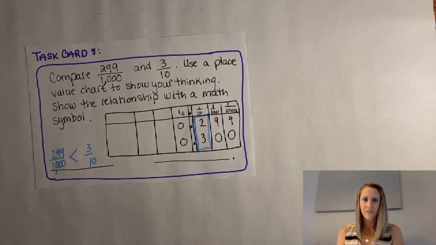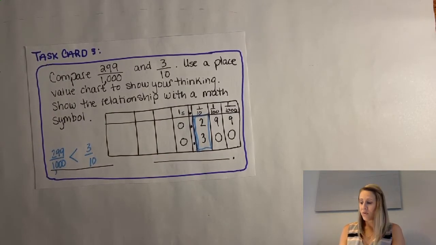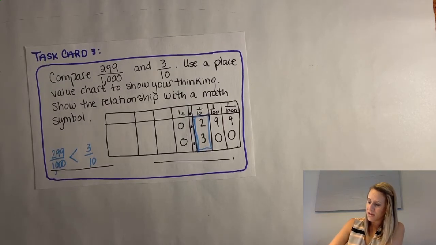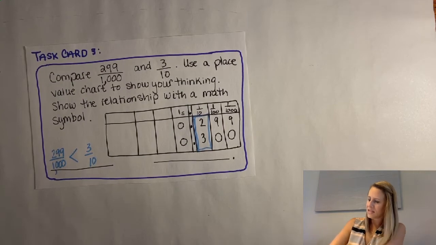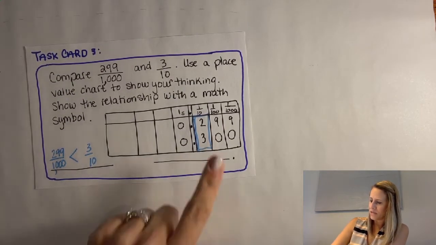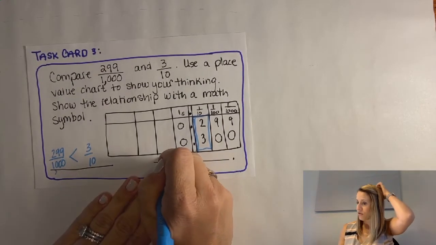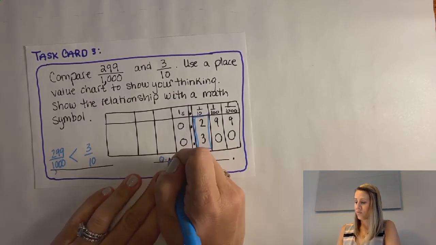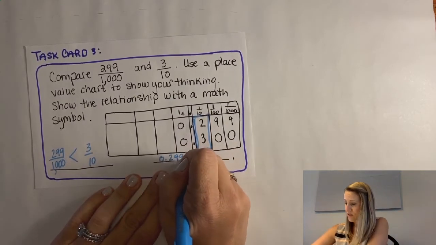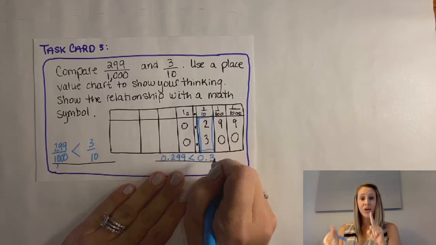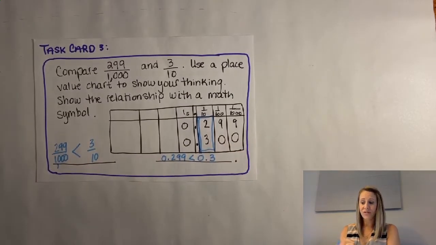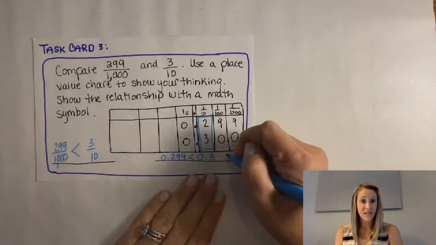Good job. You could have also wrote your final answer using the decimals. So we could have wrote 0.299 is less than 0.3 for 3/10, what we originally started with, or you could say 300. That would be fine as well. And just like on our previous problem, you could even flip those around to be able to use the greater than symbol.